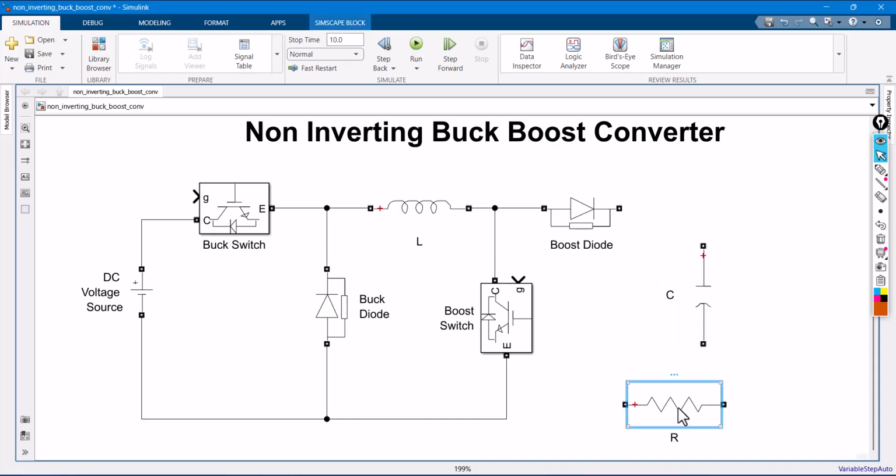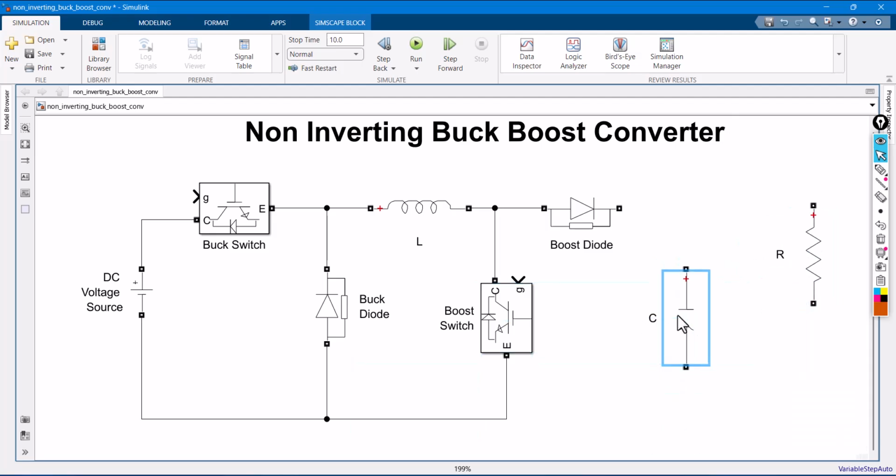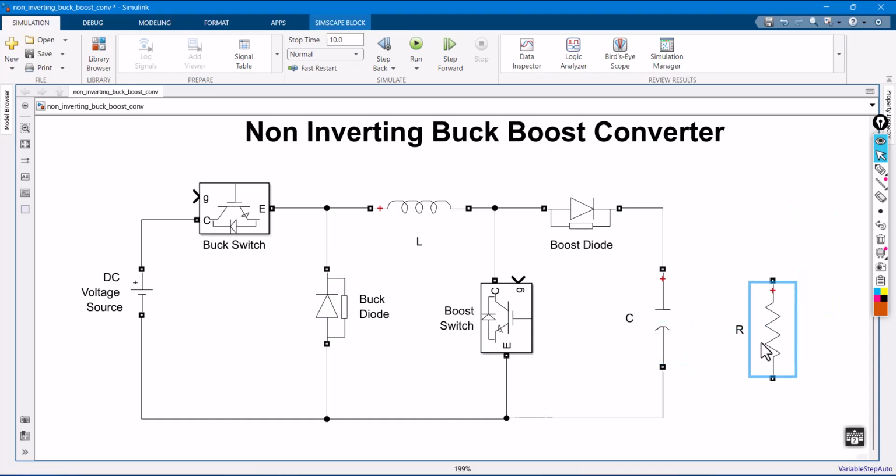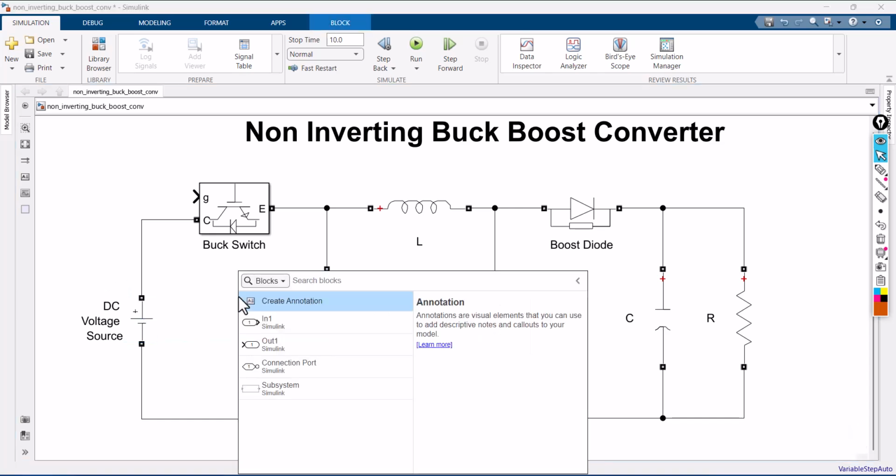If you want to rotate, you can use Ctrl plus R. And if you want to measure the output voltage, you can use a voltage measurement.